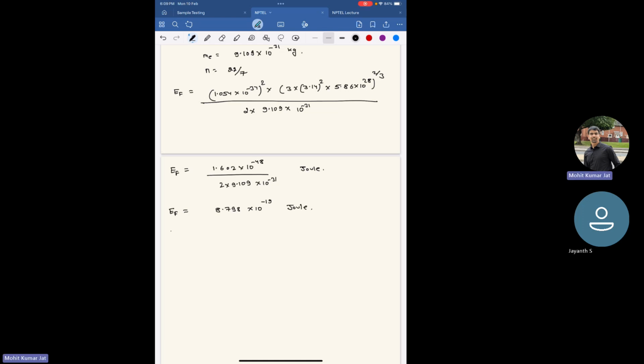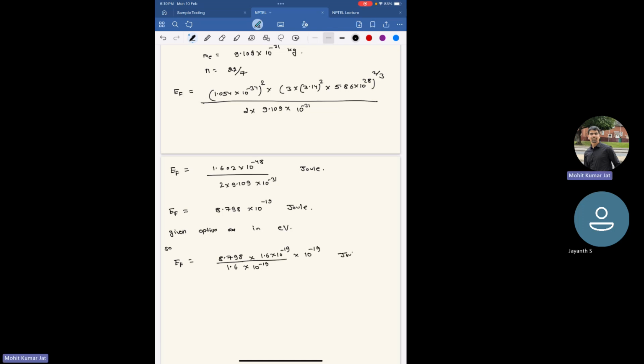But the given options are in eV, so let's convert. So EF will be 8.798 divided by 1.6, and multiplied by 10 power minus 19 also divided by 1.6 into 10 power minus 19.